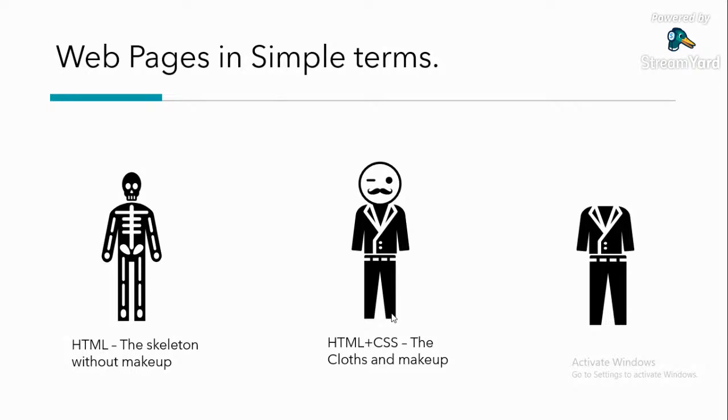And finally, the JavaScript. Let's say you have added a button through your CSS, like a sign up button or a login button. So neither your HTML nor your CSS knows that whenever login is clicked, what action needs to be performed, what has to be done.